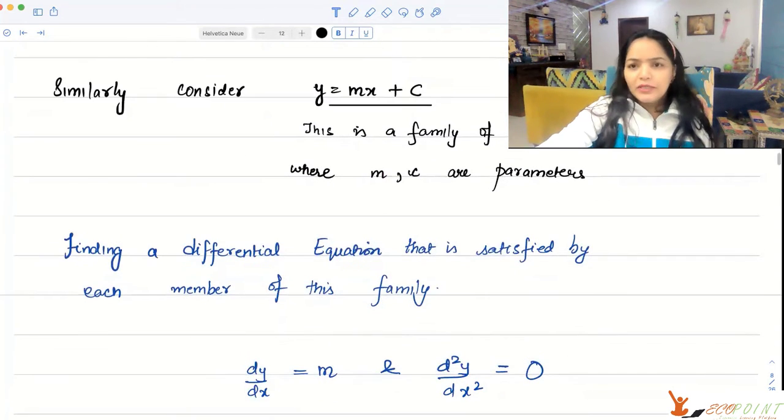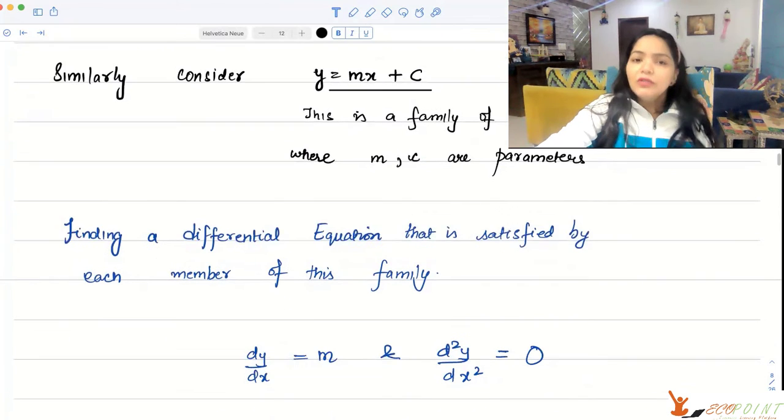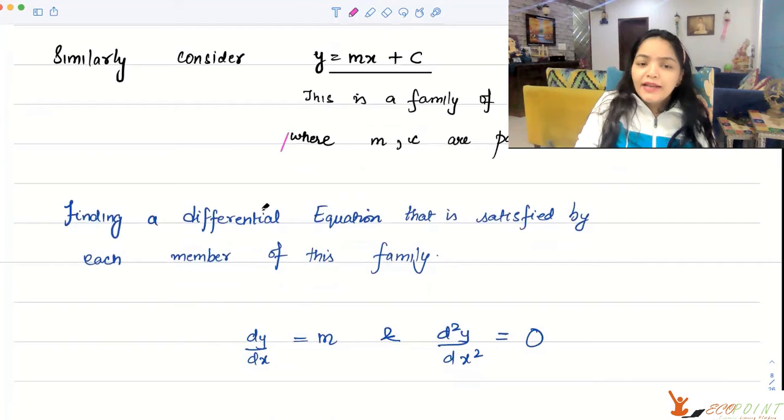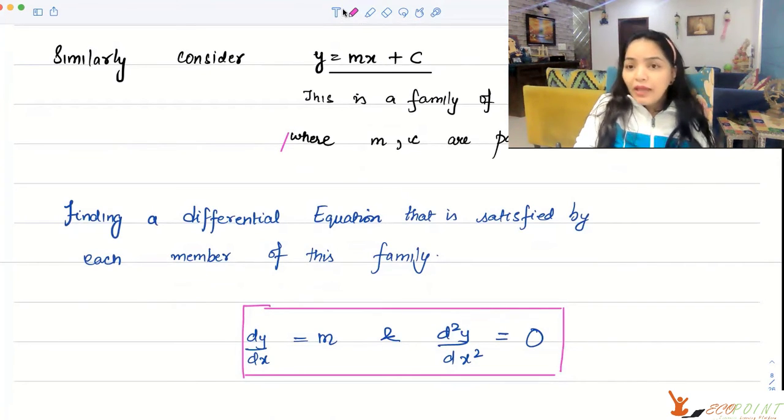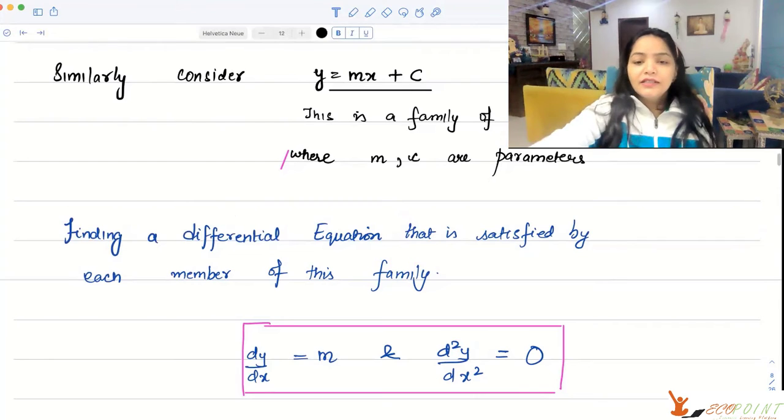So if I find dy by dx, it will be m, and d squared y by dx squared will be 0. So yes, the equation that will be satisfied by any member of this family is that dy by dx is the slope m and d squared y upon dx squared will be just 0. So this is the solution here.